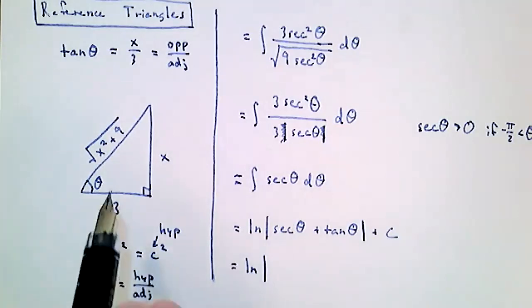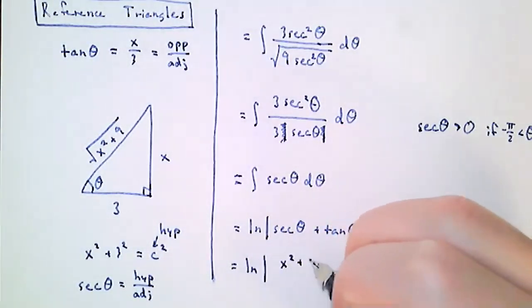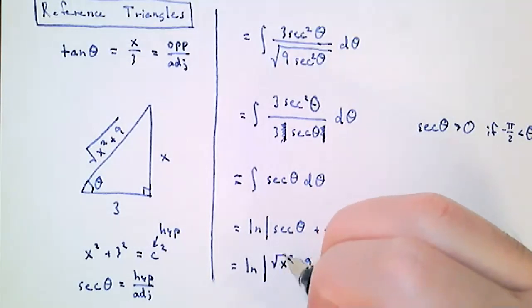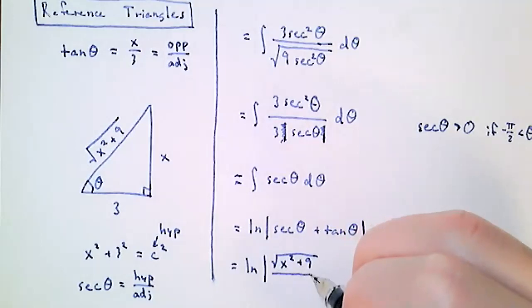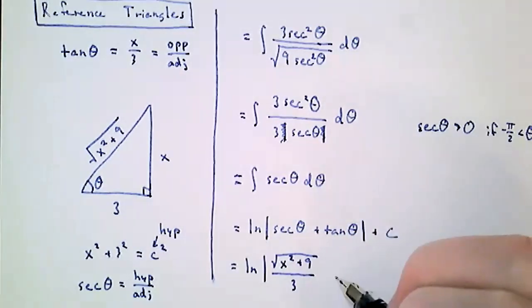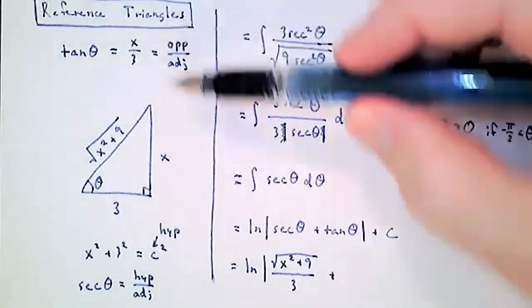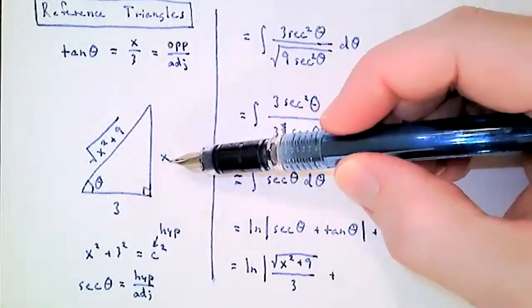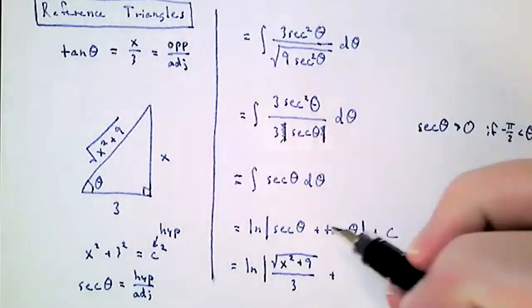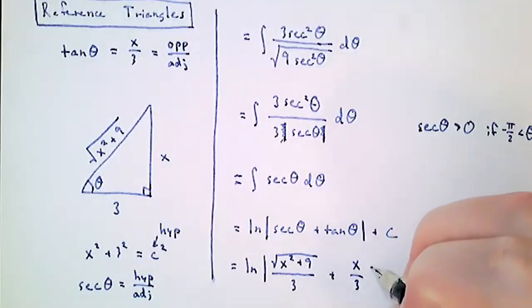So secant theta, like I just mentioned, becomes the square root of x squared plus 9, and then over 3. And then tangent theta, we can either remember as x over 3, or we can look at the opposite over the adjacent side in the triangle, x over 3. It's the same answer either way.